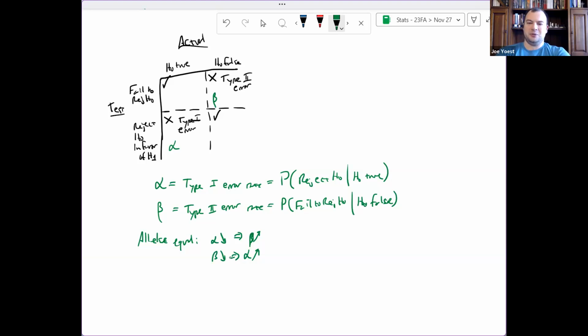You might just ask, well, if we have these two different error rates, why not just make them both really, really small? And the answer is you can't do that. If we make choices about how we perform our hypothesis test to make alpha lower, then beta gets larger and vice versa.